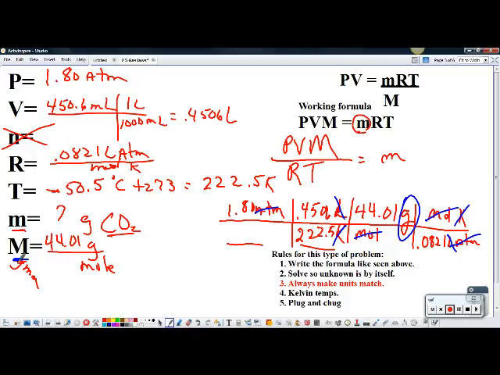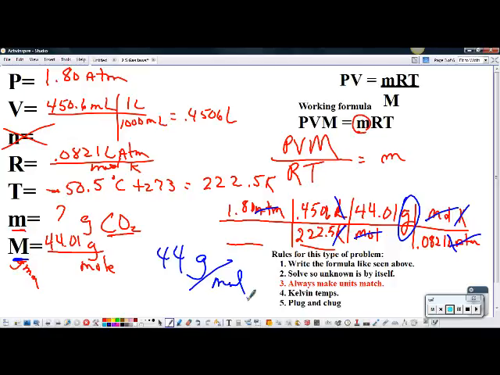If I worked a problem like that and my answer was 44 grams per mole, can you tell me what chemical that might be? If I find the capital M is 44 grams per mole, I can't necessarily look at the periodic table. What did we just say this chemical was? CO2. There's not a 44 on the table.